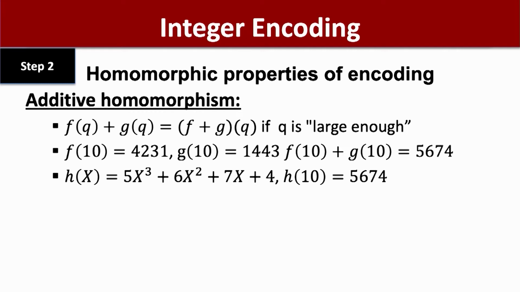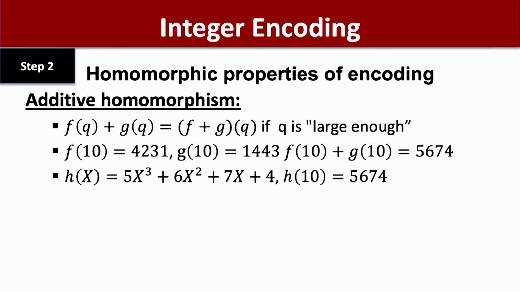If I have f of q and g of q, I can compute f plus g of q, and this is the same as f of q plus g of q. For example, here we have our 4213, and then we have the polynomial 1443. You can decode this in your head, it's very easy.